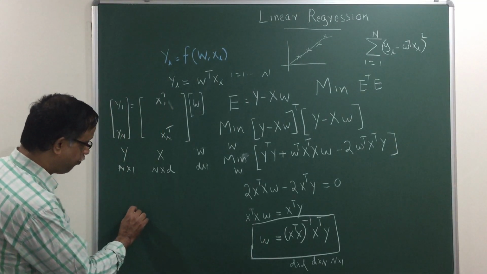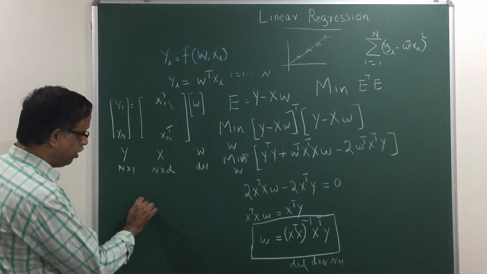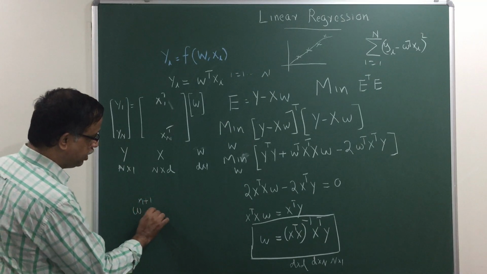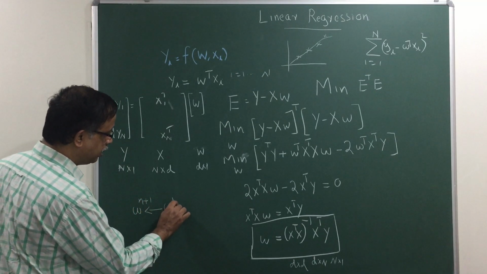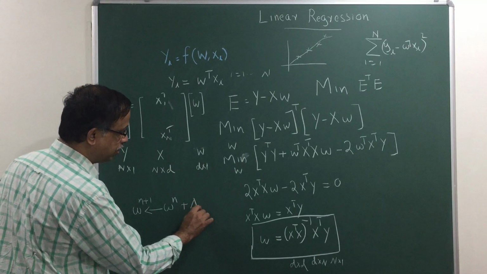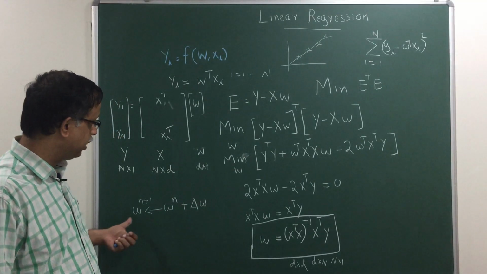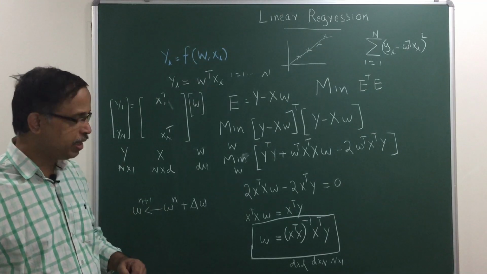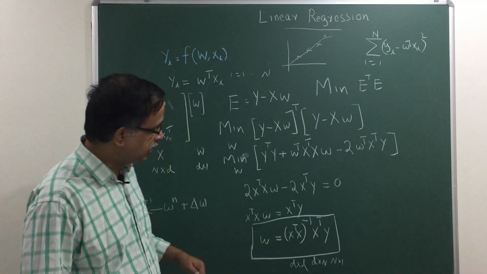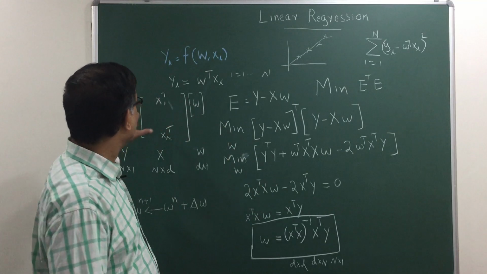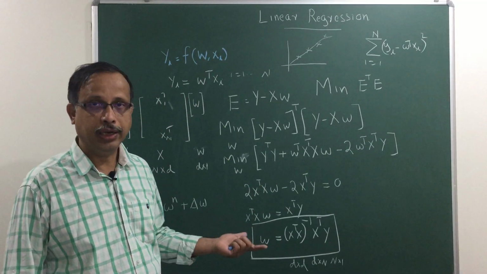Say, for example, start with an initialization and update w based on some properties. We'll see this class of algorithms at a later stage. The second issue is that if a new data point comes to this matrix, how do you handle it?